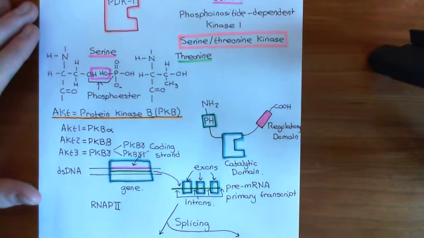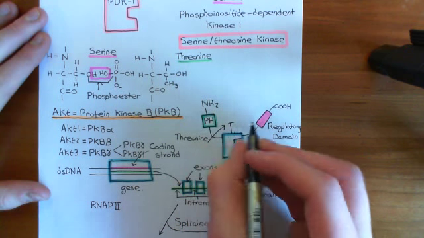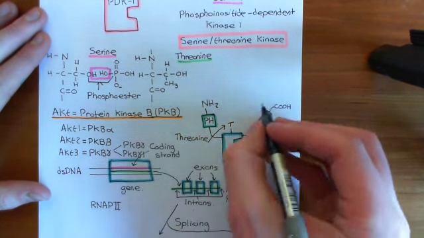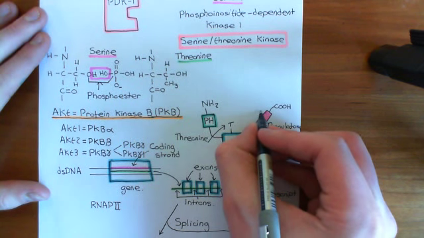So there is a threonine residue within the catalytic domain, and the single letter amino acid code for threonine is T. And in order to be activated, the catalytic domain needs this threonine residue phosphorylated.